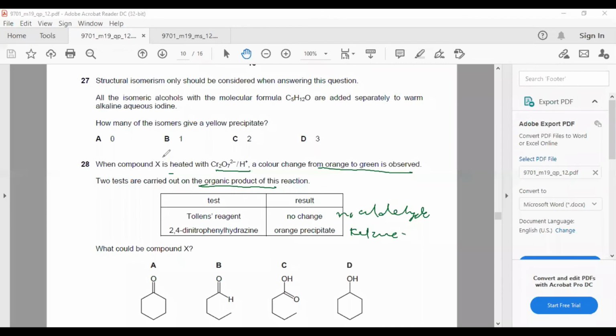Ketone is formed from secondary alcohol always. Which one is the secondary alcohol? D is the secondary alcohol. How? This carbon has one hydrogen which is not written here. The carbon having OH and one hydrogen is secondary, 2 degree.